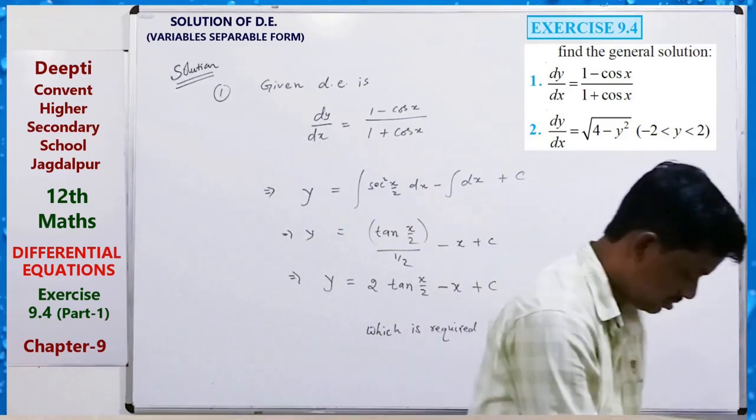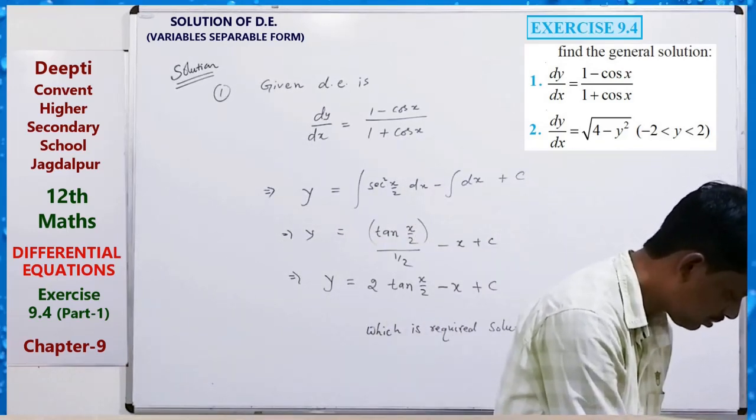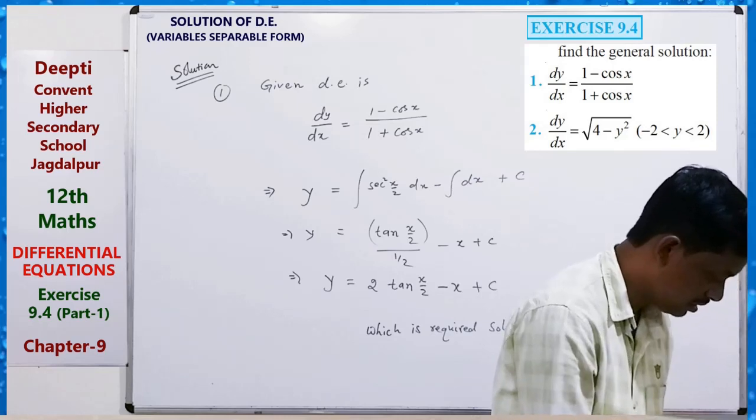Okay, so the solution is 2 tan x by 2 minus x plus c.